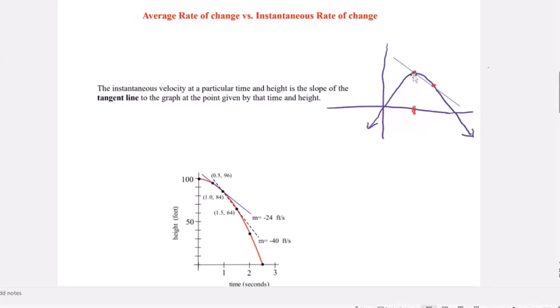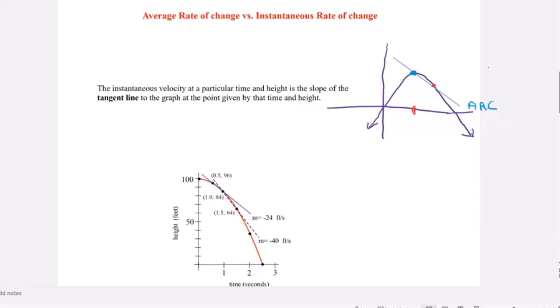Okay, so those two points are now connected with a line, and I can find the average rate of change. ARC is going to be the average rate of change. But what if I want to know the value exactly at the top? Let's say I want to know the value right here at the vertex of this parabola.